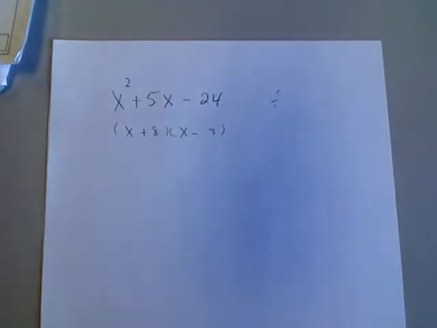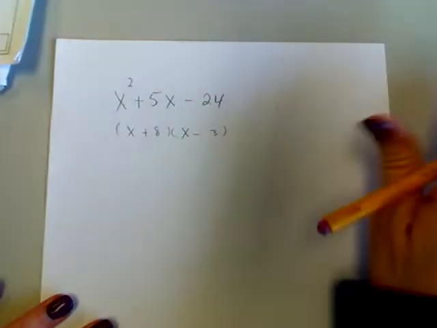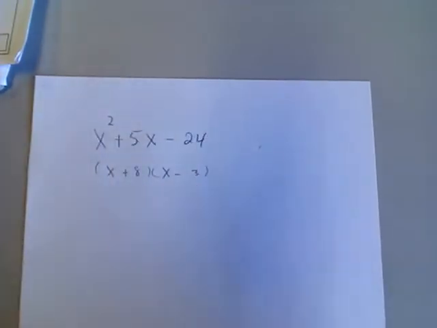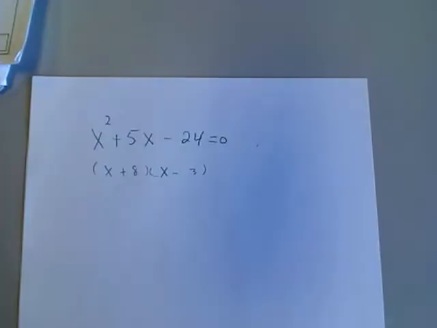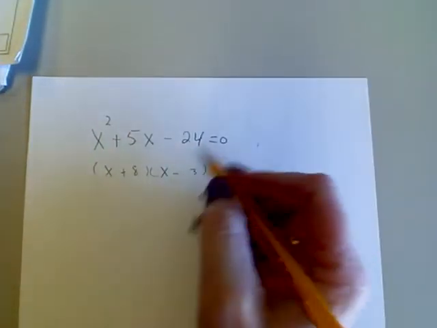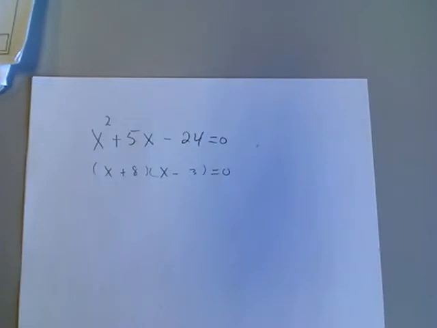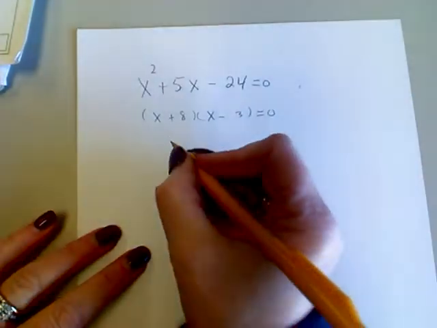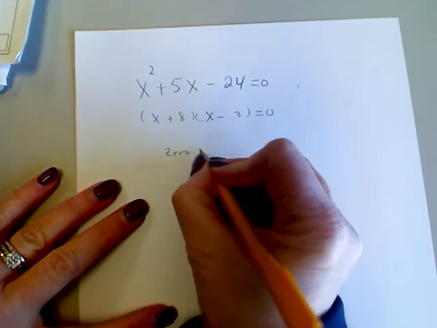Now, let's take this same problem we just did, and let me put an equals 0 behind it. So now we solve it. You factor it just like we did, and you have an equals 0. To actually solve this for x, from here you use what's called the zero product property.